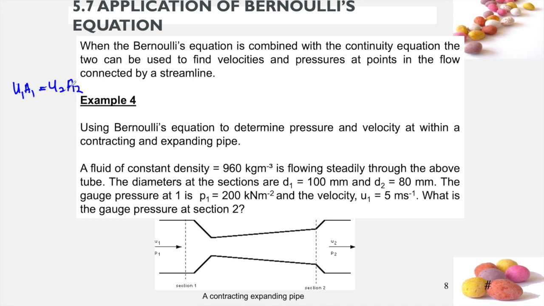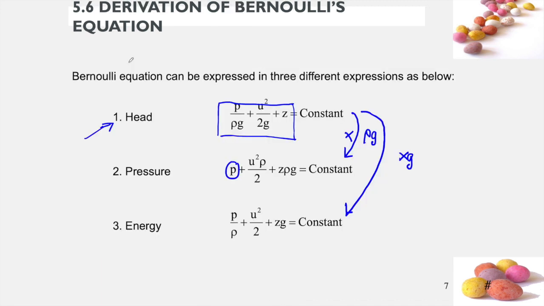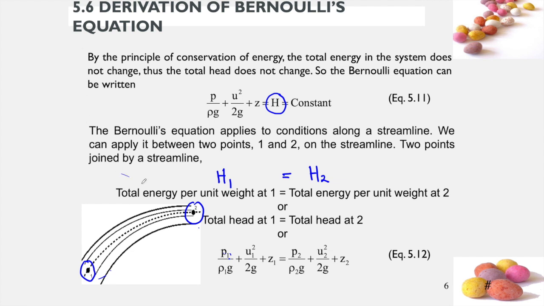And then we cannot solve Bernoulli's equation. Let's take a look at this. If we want to find the velocity at point 2 or point 1, and we apply this Bernoulli's equation, we cannot solve it because there would be two unknowns in the system.